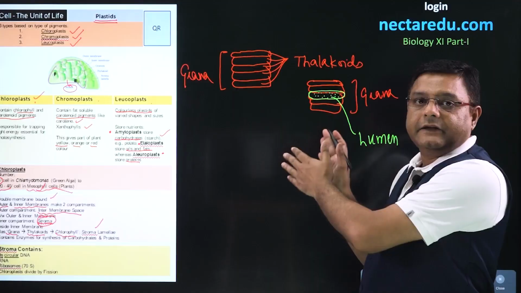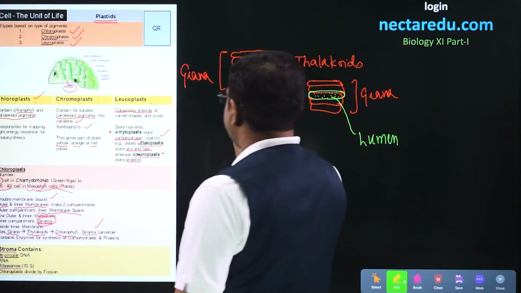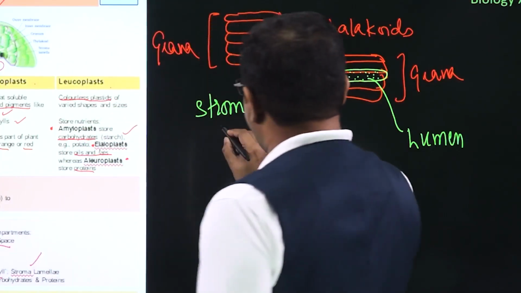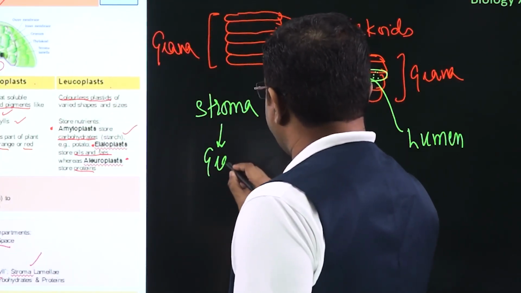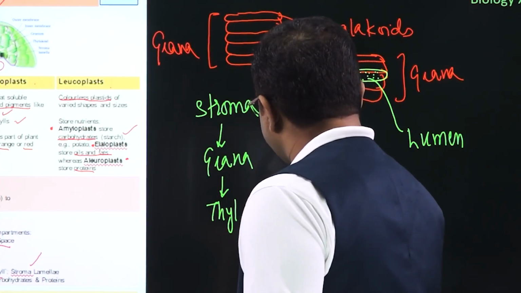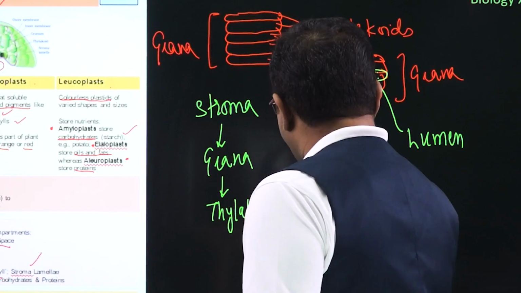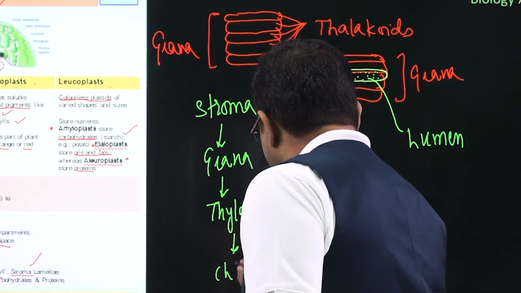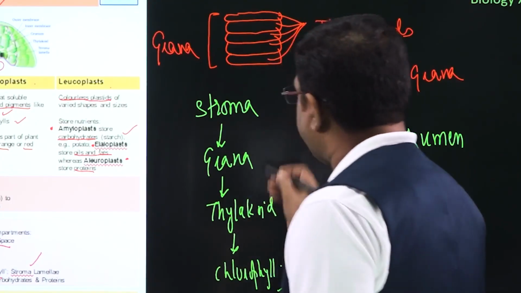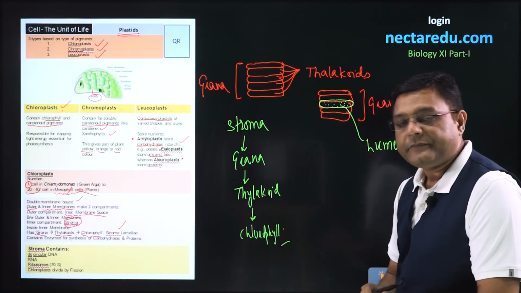If we put these in hierarchical order, stroma will have a number of grana, grana will have thylakoids, and thylakoids will have chlorophyll molecules. So this is the hierarchy which is present over here.